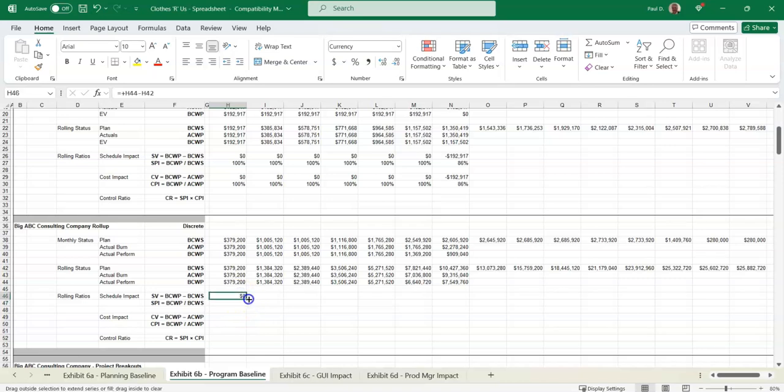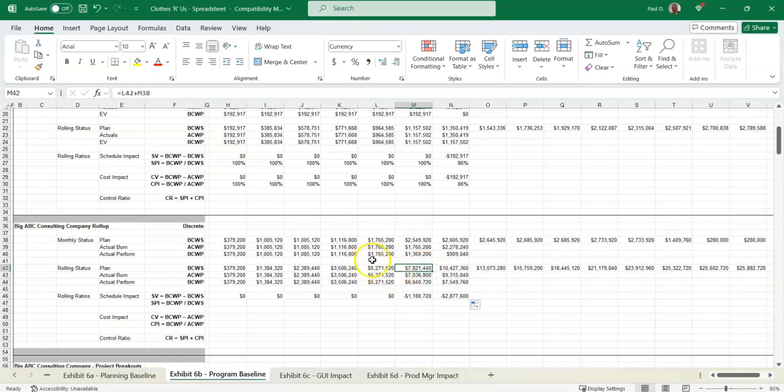So this is our schedule variance, and you see it is not zero, so we are on schedule for the first 5 months, and then suddenly we fall off schedule significantly, which means we're not earning what the plan said. And you can see that you earned 6.6 million cumulatively, and you should have earned 7.8.